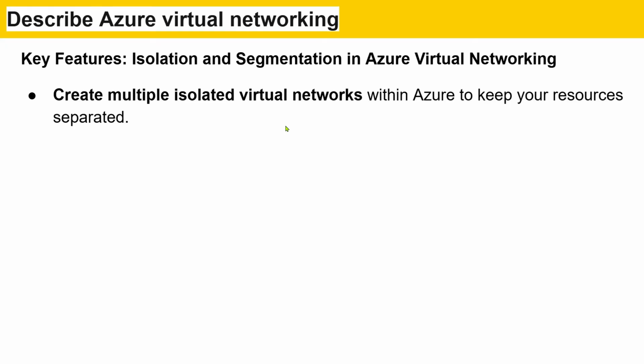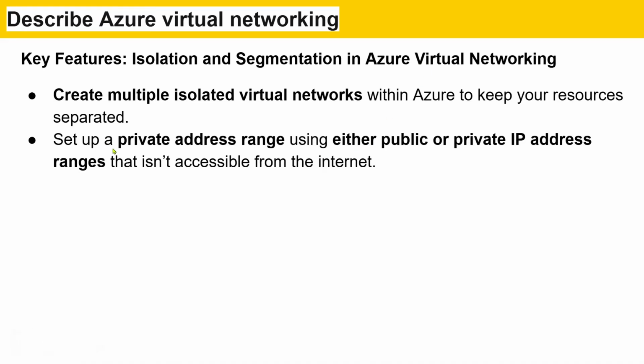I can create multiple isolated virtual networks. Set up a private address range using either public or private IP address ranges, available ranges that aren't accessible from the internet. So why am I making it virtual and why am I making it private? So that it is secure. Only I can access, for example, only I should have access to my resources.